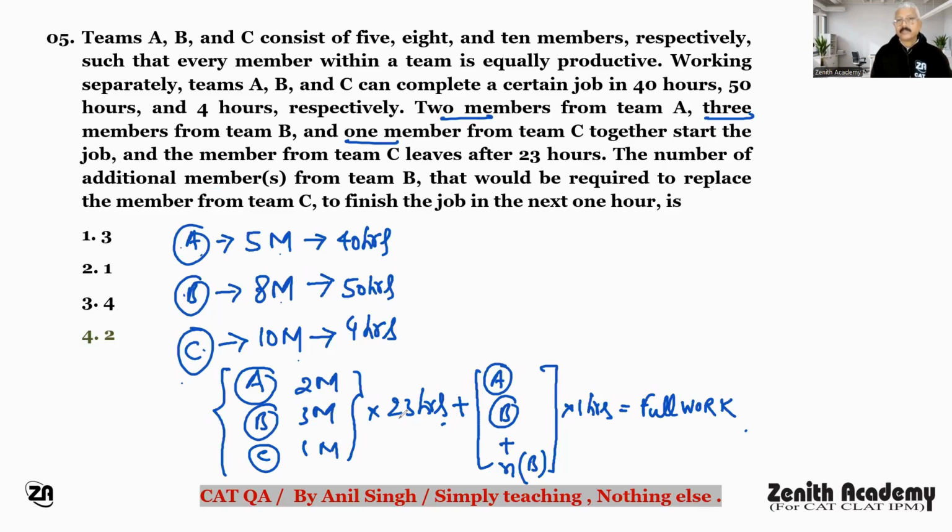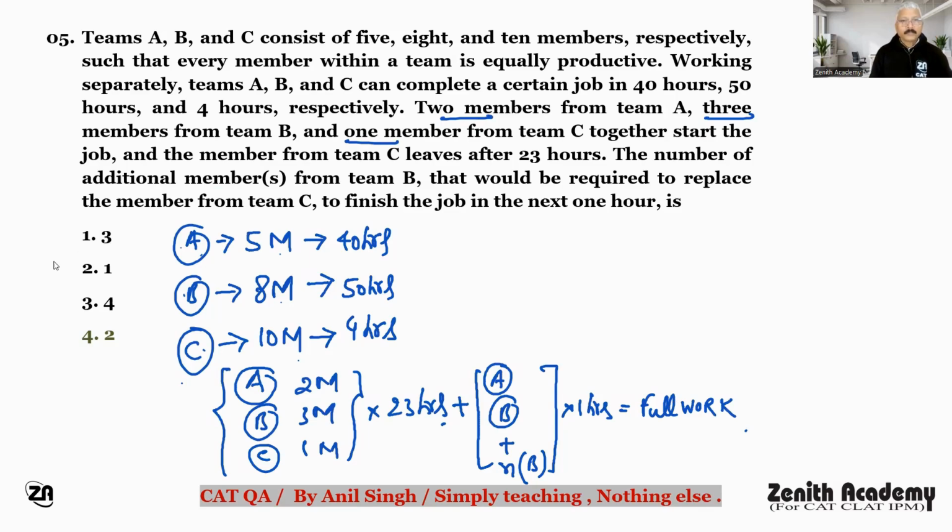But after 23 hours, the member from team C leaves the job, and then the remaining work finishes in 1 hour. And how many additional members from team B are needed to finish the remaining work in 1 hour? This is all about this question.